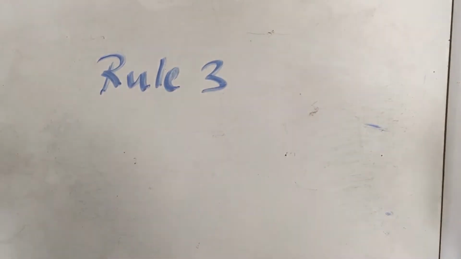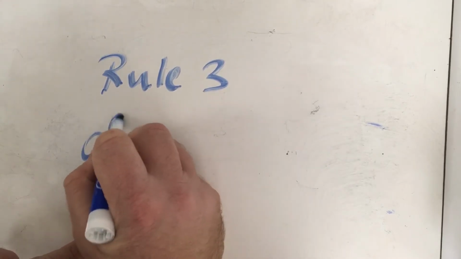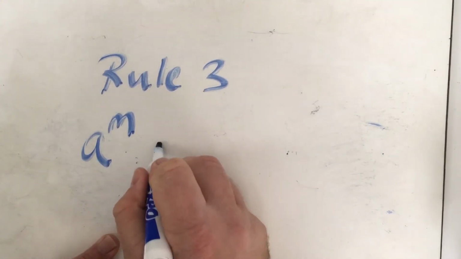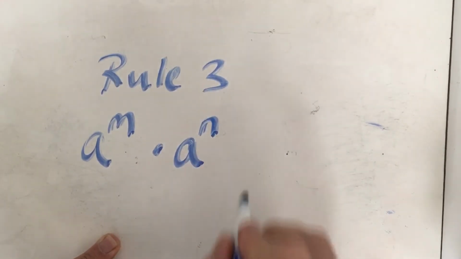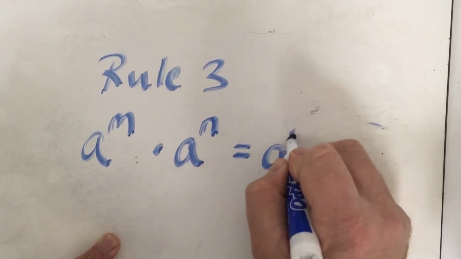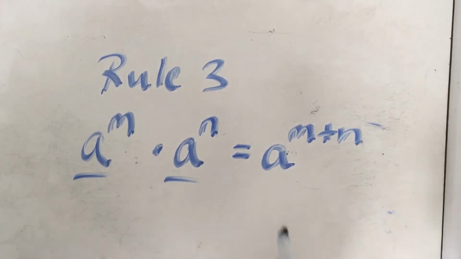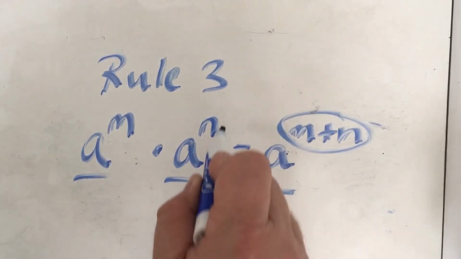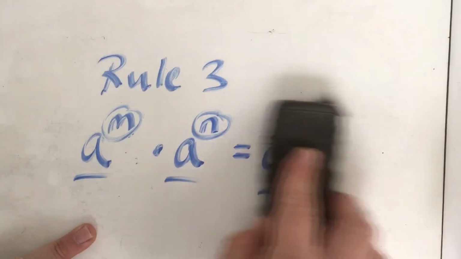So what is the rule? If you have a base to some power that we'll call m, multiplied by that same base to some other power called n, then the shortcut way of solving that problem is to add those exponents. Keep that base, but add those exponents. So one more time just to see it in action.